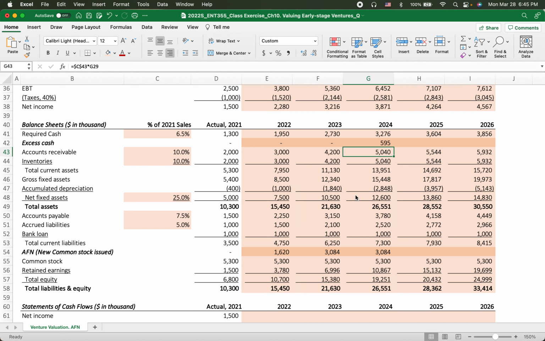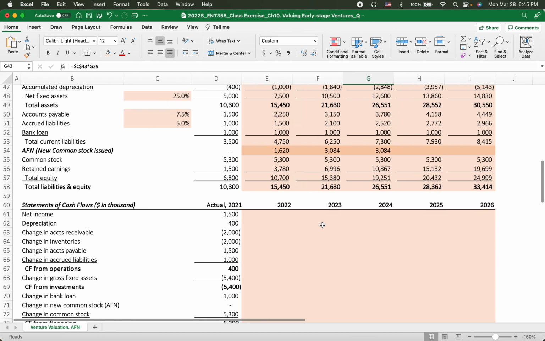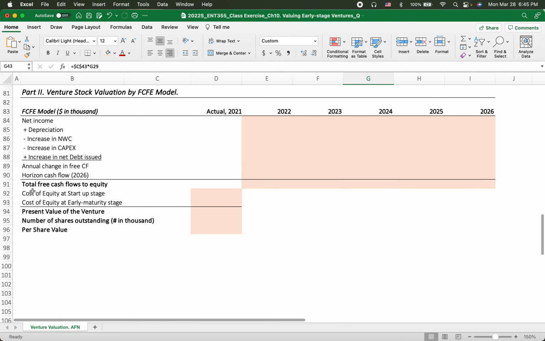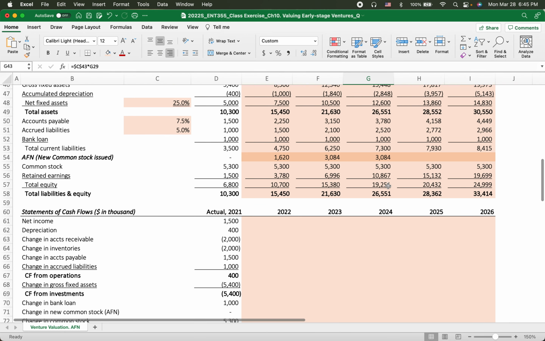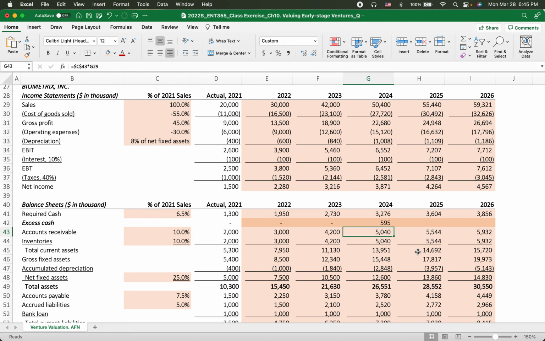It can be the dividend as well, right? Which means this is actual cash flows generated by this venture business, which is positive cash. And then finally here, one of the total cash flows of equity 2024, which is a positive amount.